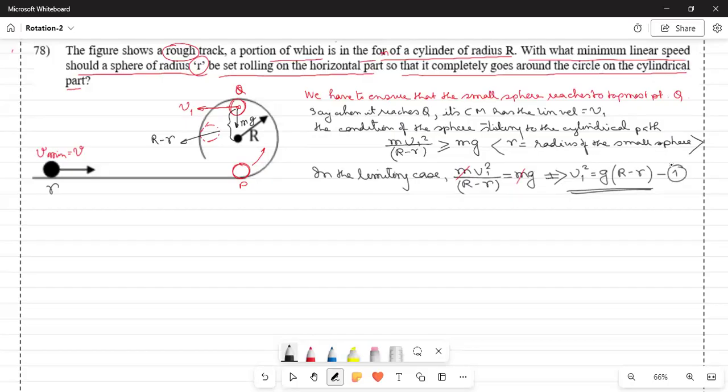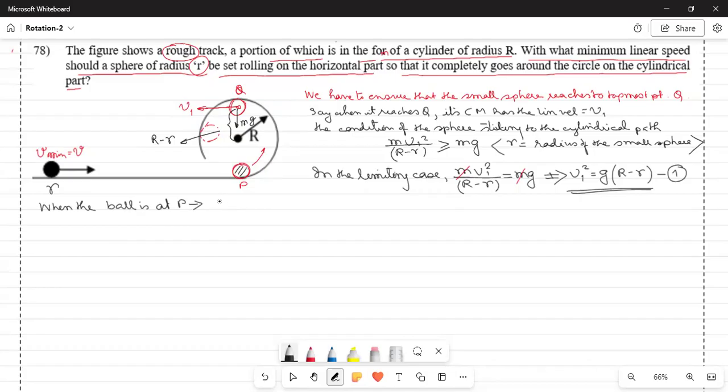Then we go to the point P, when the ball is at point P. When the ball is at P, its total kinetic energy is its rotational kinetic energy plus its linear or translational kinetic energy.